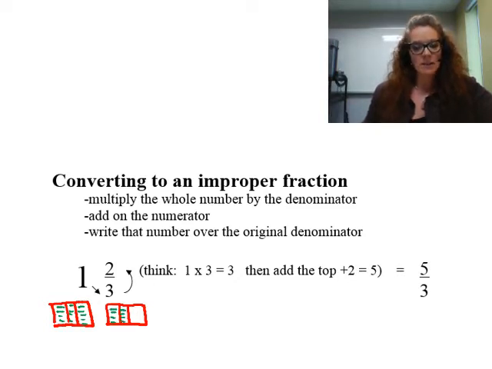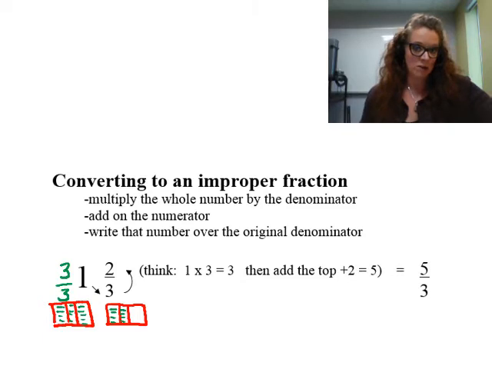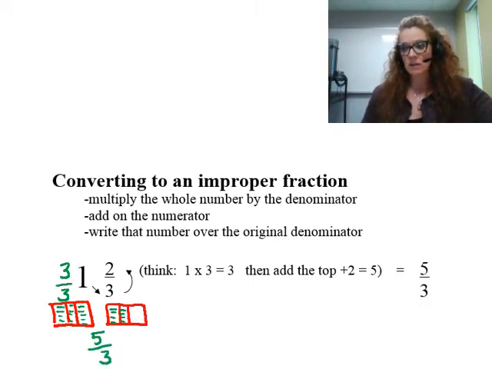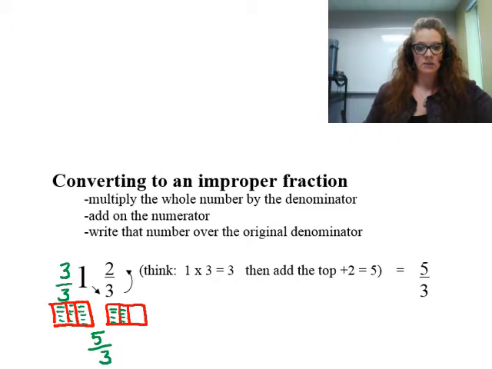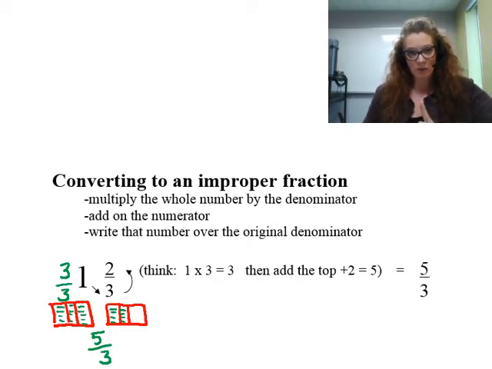So you could represent a number like 1 as a fraction, it could be 3/3 if you wanted it to be. And it's easy then to see that 3/3 plus the 2/3 gives you a total of 5/3, which is what they converted to. So if you don't feel like drawing a picture or you can't do that in your head, there's a way mathematically to do it. And so that's explained in the brackets there. You want to take your whole number and multiply it by your denominator.